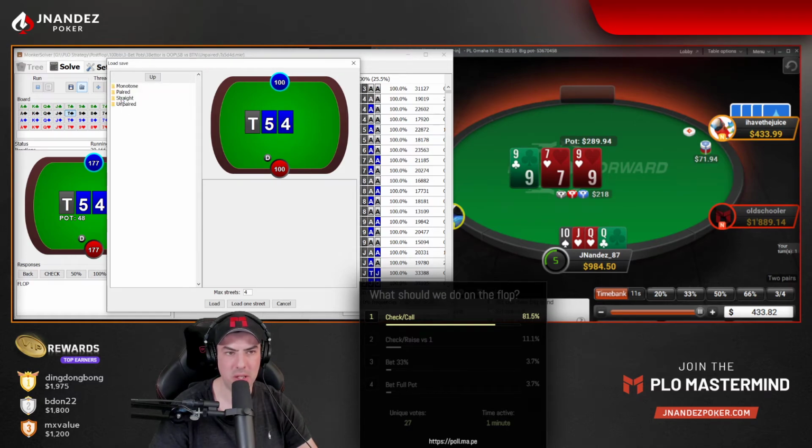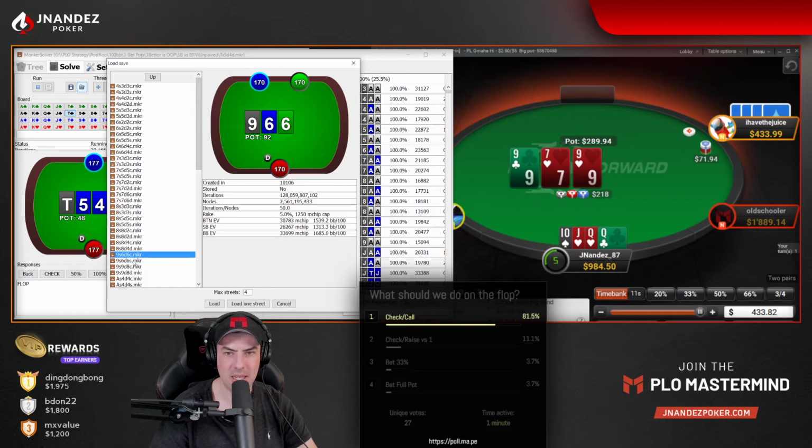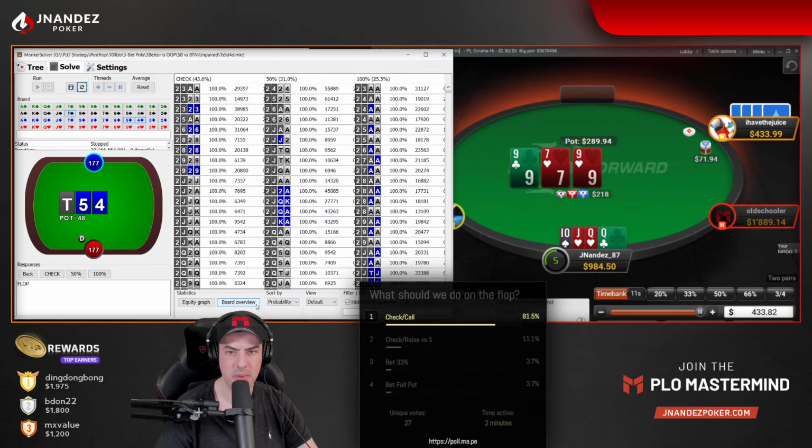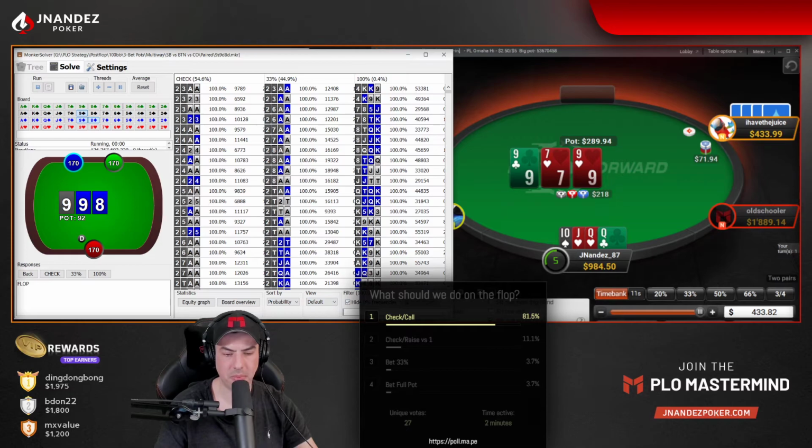We're going to use small blind versus button versus cutoff on a paired board. Paired boards are tricky because we don't have that many, I guess. Well, we have actually 9-9-8. Okay, that works. We're going to use 9-9-8 and the same preflop hand that we had.